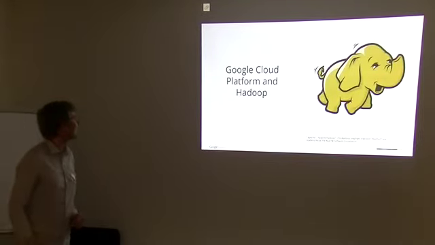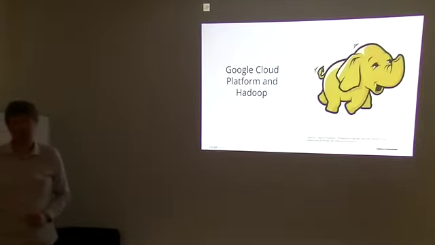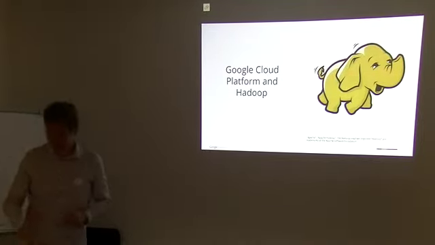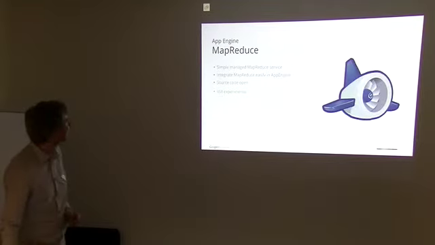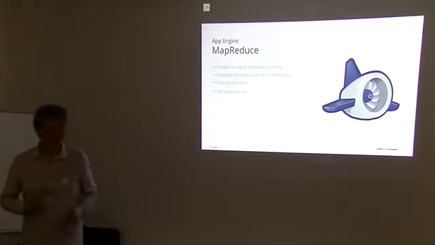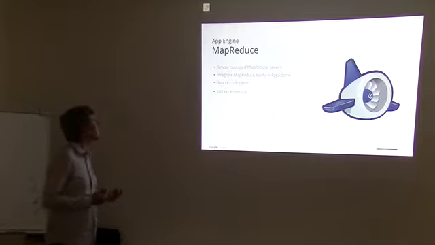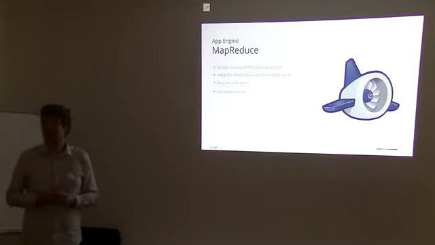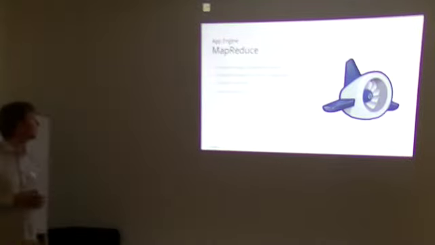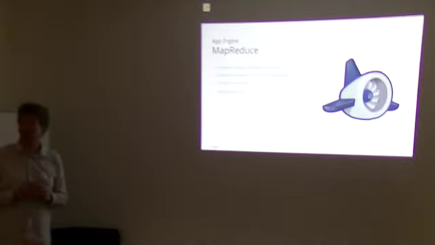Okay, so how does this all work together with what you're here for, with Hadoop? Well, we've been doing MapReduce for years with the published white paper. On App Engine, we do run MapReduce as a service. It's an open source project which we built on top of App Engine.